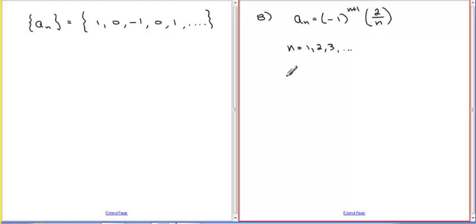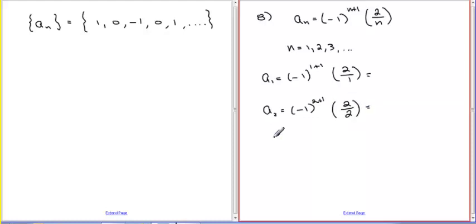So again, a sub 1 is going to be negative 1 to the 1 plus 1 power times 2 divided by 1. The second term is negative 1 to the 2 plus 1 times 2 divided by 2.